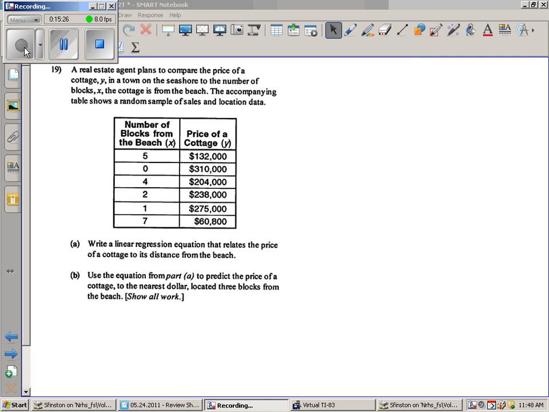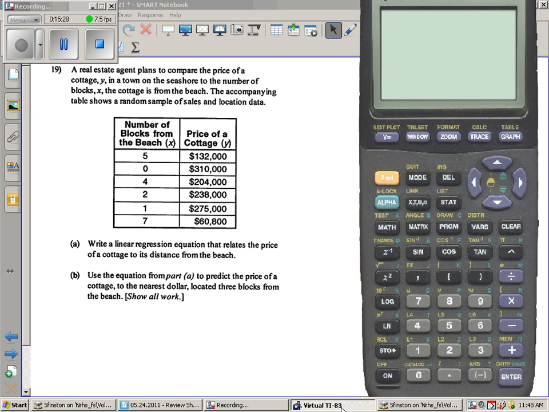Okay, so we're going to finish up 19. 19 is real easy. We're just going to plug it into our calculator. We want to write a regression. Stat, edit. We've got to clear this list, and then we're going to enter prices. So number of blocks from the beach, that's 5, 0, 4, 2, 1, 7.